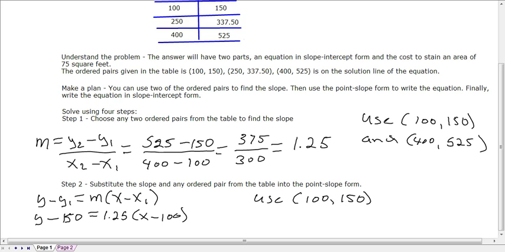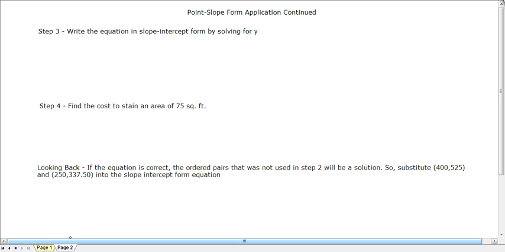So let's go on to page 2 and take a look at how we write this point slope form into slope intercept. So now we had y minus 150 is equal to 1.25 times x minus 100. Let's work on the right side.